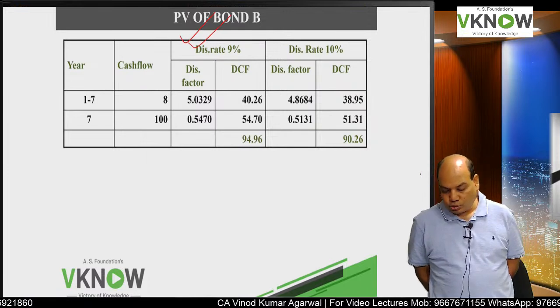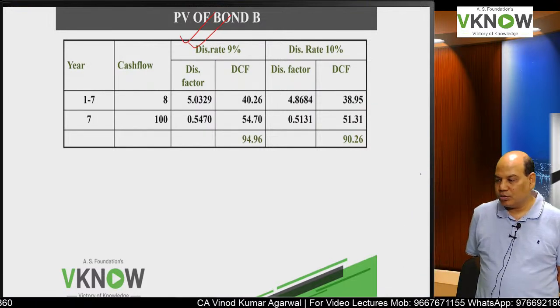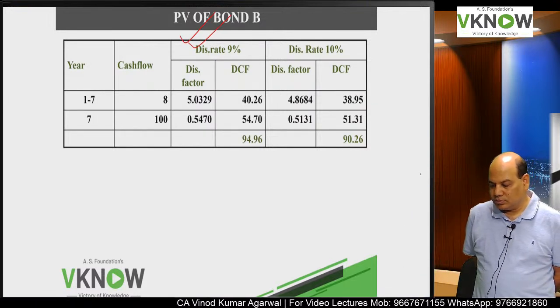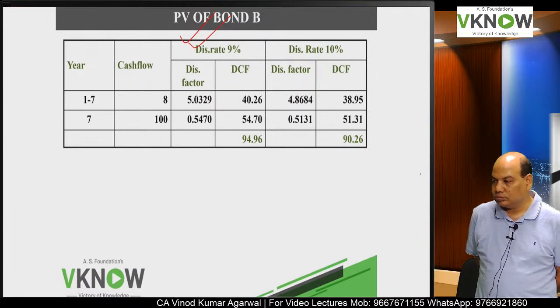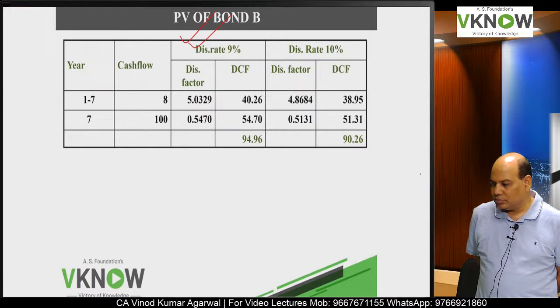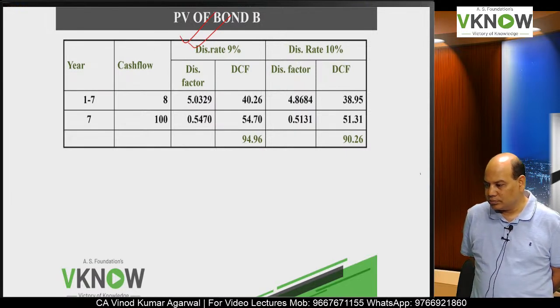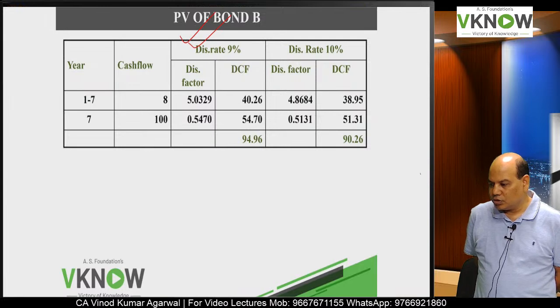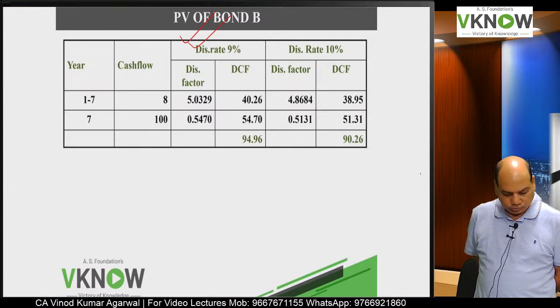Under that we will draw two columns, discounting factor, discounted cash flow, and then we'll write discount rate 10%. Under that two columns, discounting factor, discounted cash flow.